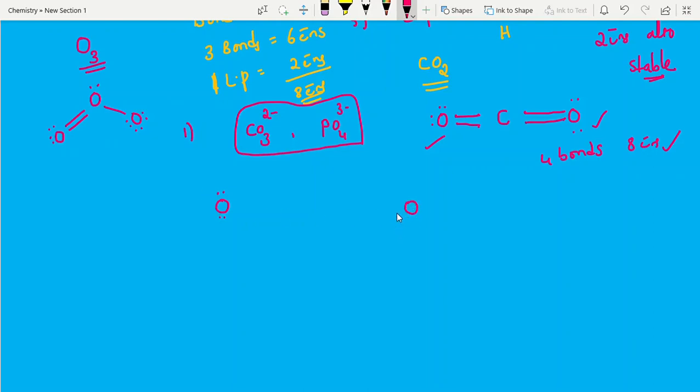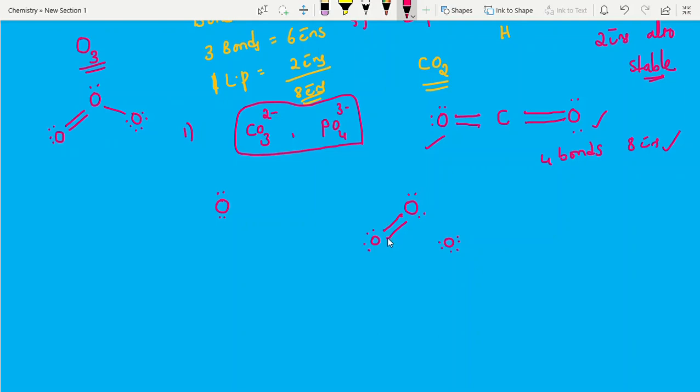Look into this one. Six electrons on this oxygen. This oxygen also has 1, 2, 3, 4, 5, 6. This oxygen, check it, same thing: 1, 2, 3, 4, 5, 6. Clear? Okay.